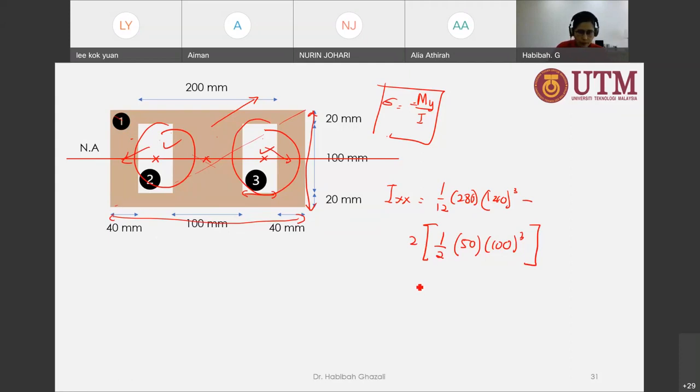And then we will get Ixx equals 55.7 times 10 to the power of 6 millimeter to the power of 4. So that is our I.